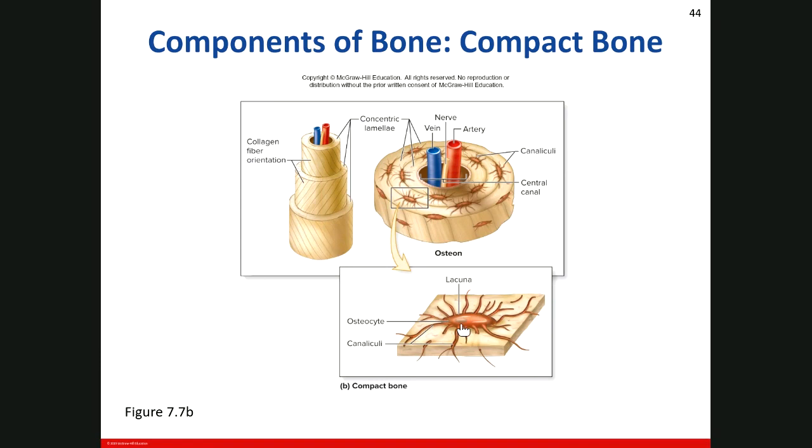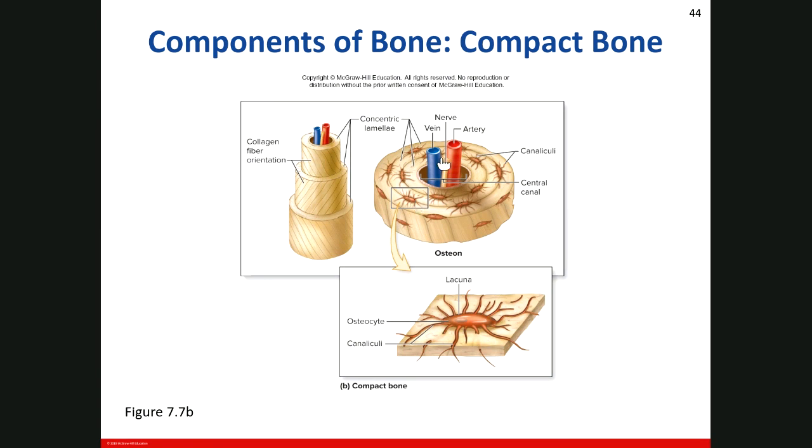These tiny channels are called canaliculi. The canaliculi house the osteocytic projections. And these osteocytic projections from this cell and the neighboring cell can make gap junctions together.